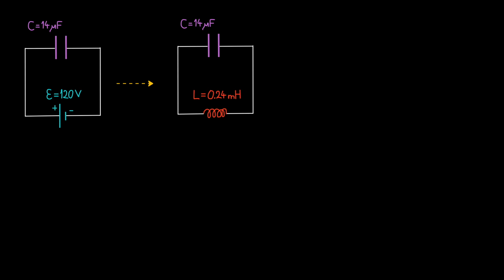The next question is, what is the energy stored in the capacitor at t equals 0 seconds? At t equals 0 seconds, the capacitor has just been connected with the inductor, and before that it had been fully charged while connected to the EMF source. So at t equals 0 seconds, the potential difference between the terminals of the capacitor is equal to the EMF voltage, which is 120 volts.